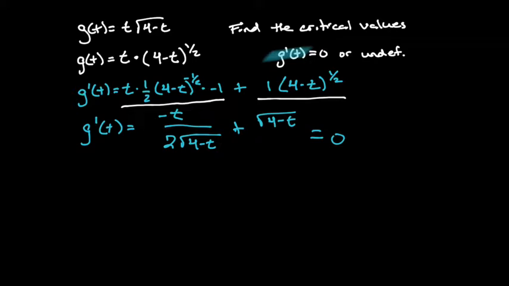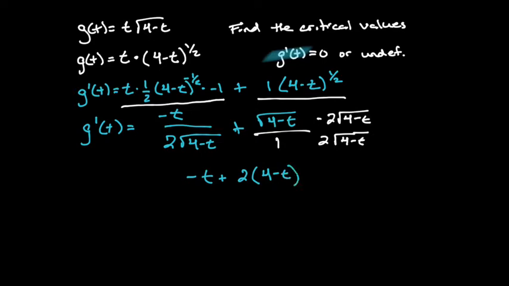So what I'm going to do is get a common denominator, right? I can multiply by 2 root of 4 minus t, and multiply that by 2 root of 4 minus t. And then when we do that, we're going to get negative t, and then plus 2 times 4 minus t, because those roots will just cancel out.